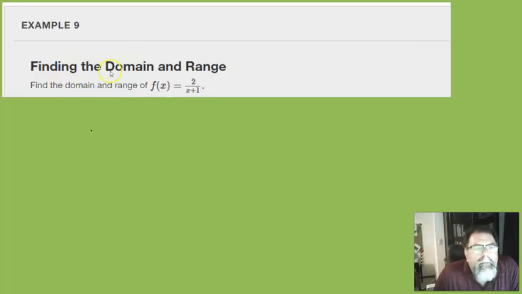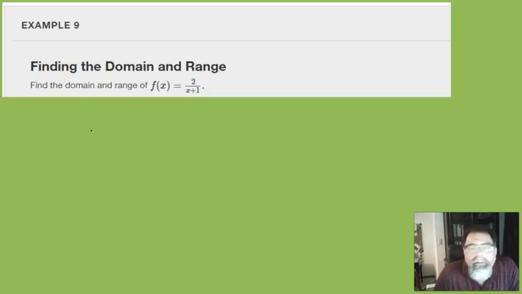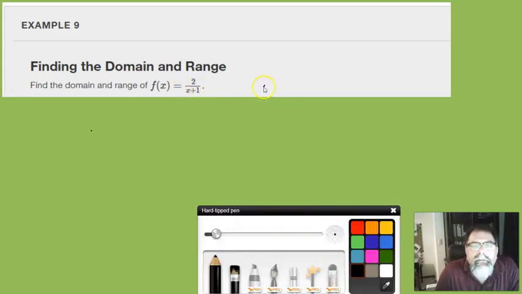All right, finding the domain and range. So find the domain and range of f of x equals 2 over x plus 1. So again, we're going to exclude from the domain any input values that result in division by 0. So anything that makes the denominator equal to 0, you're going to exclude it.